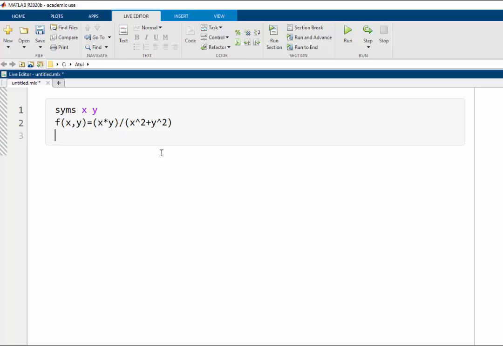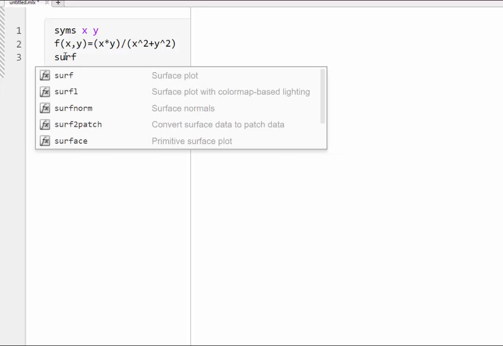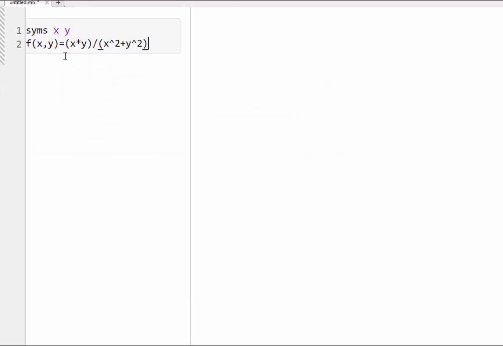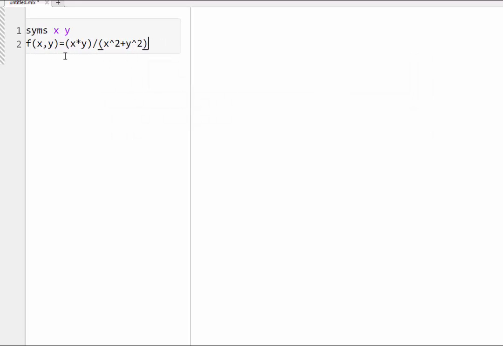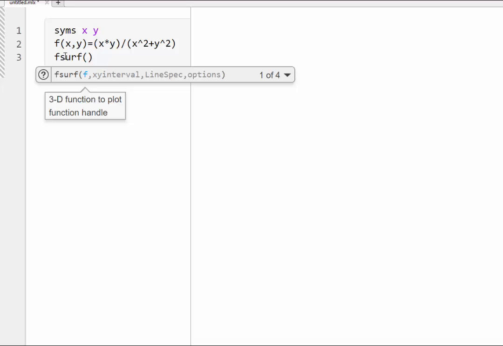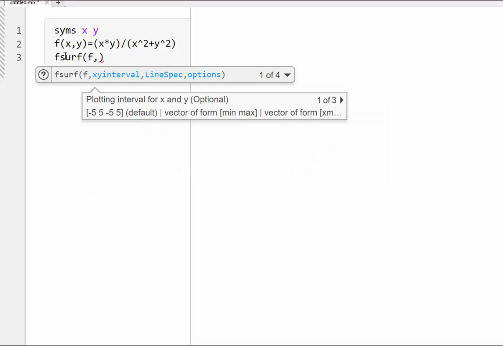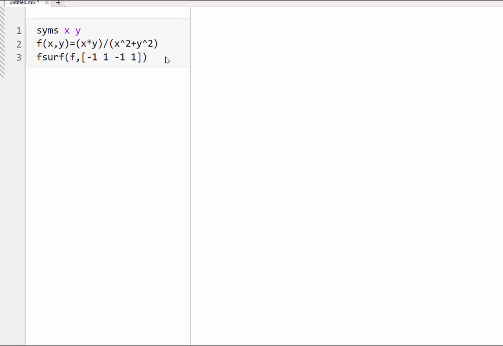Now for the graph, what I am going to do is use fsurf, in the next line, as the command for the graph of a surface. And let's just stick to -1 and 1 because we want to stay near 0.